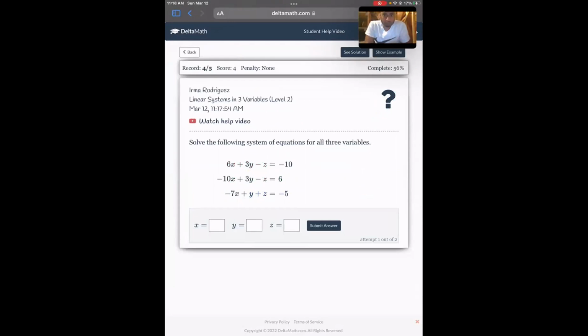Okay, the next equation is 6x plus 3y minus z equals -10. So we were only on question 4 there. Since we got it wrong, we have to do it again. Oh yeah. Yeah, hold on a second.